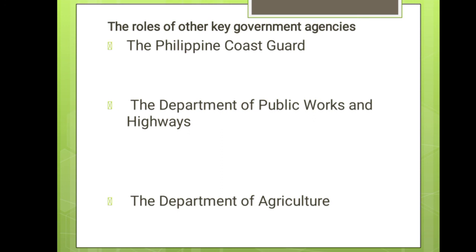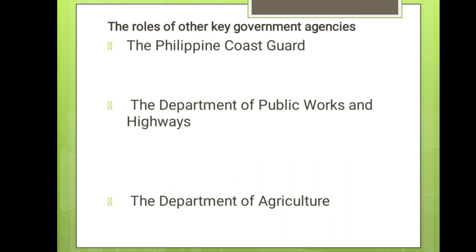Next, the Department of Agriculture. They shall formulate guidelines for the reuse of wastewater for irrigation and other agricultural uses and for the prevention, control, and abatement of pollution from agricultural and aquaculture activities.